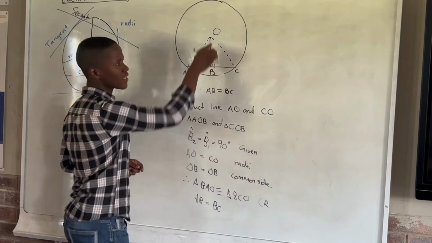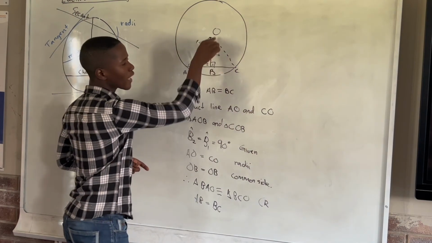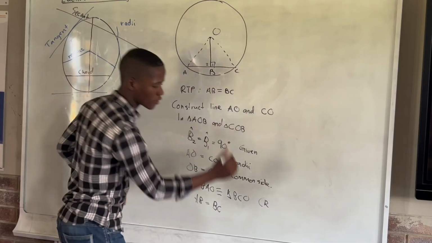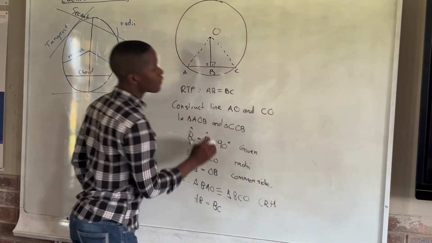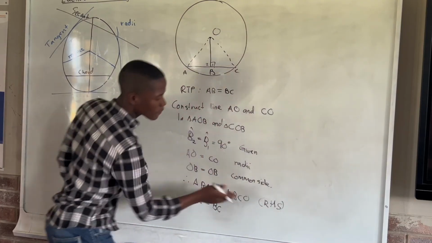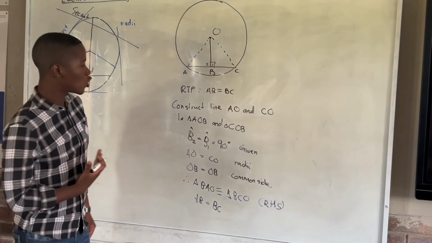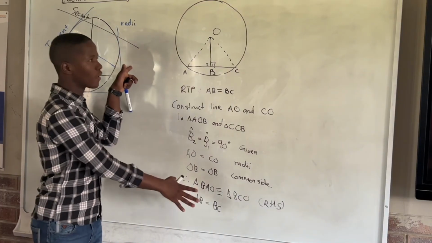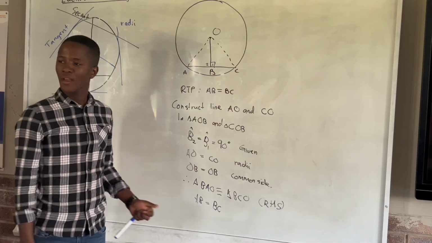Your radius is, in this triangle, your hypotenuse, so that is H, and the common side is S. So this is the particular reason that you are required to show when you are proving this theorem 1. Thank you very much.